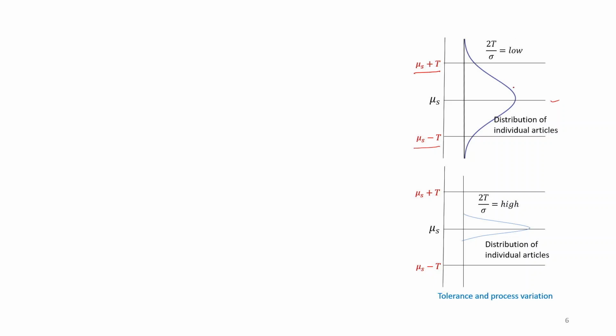And this Gaussian curve that we see is indicating the distribution of individual articles or items. It could be whatever size, it could be strength, it could be fineness, whatever it is, chemical distributions. So the distribution is shown. This is the distribution curve. Here is the mean of this, and mu s plus t and mu s minus t. t is the tolerance. So where the tolerance lies is also shown by the upper tolerance and lower tolerance lines. All right.